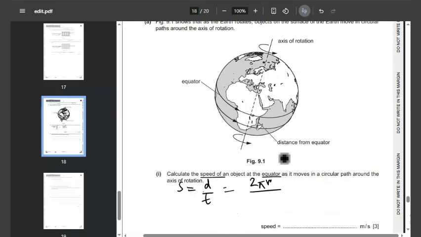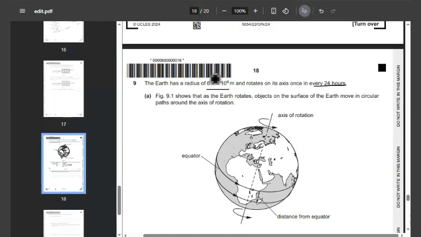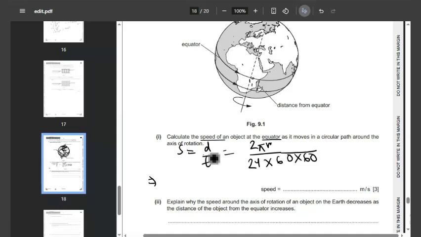And the radius is given, 6.4 × 10^6. So 2π × 6.4 × 10^6 divided by 24 × 60 × 60. And calculating it, we get the answer 470. So the speed of an object on the equator is 470 meters per second.